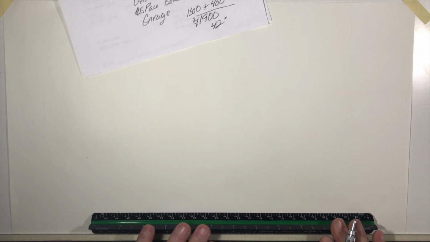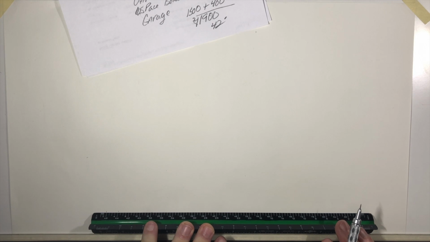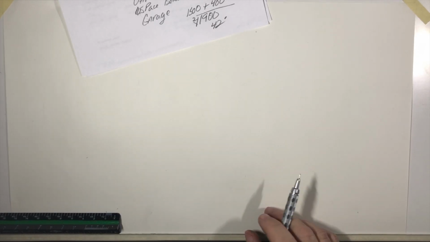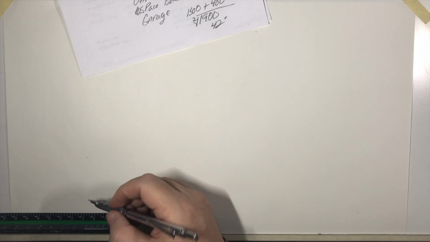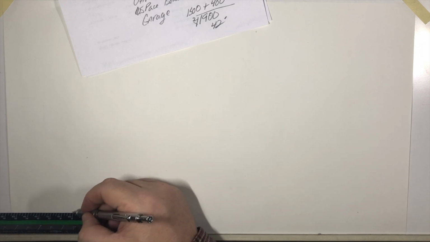Mark my 0 spot and mark my 46 spot. Now 46 is not quite 52, so I'm going to add to that. 46 to 52 is about, was that 6 inches? Sorry, I'm going to add 6 feet to that.